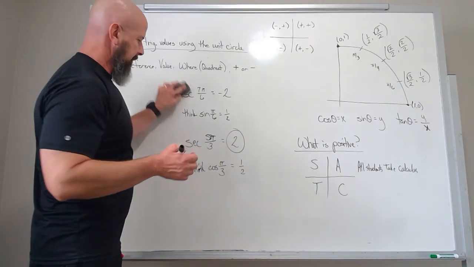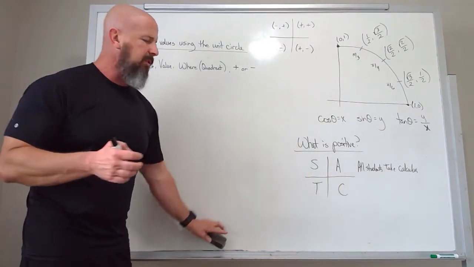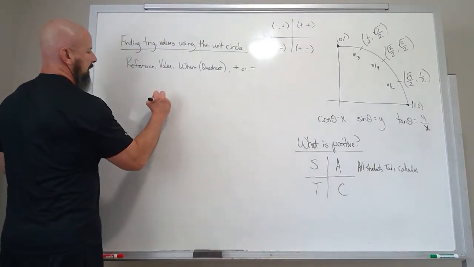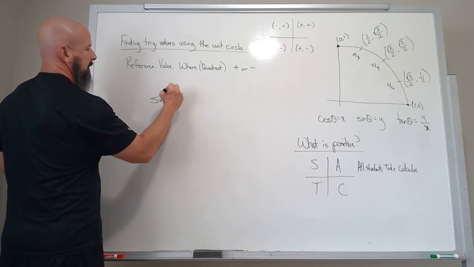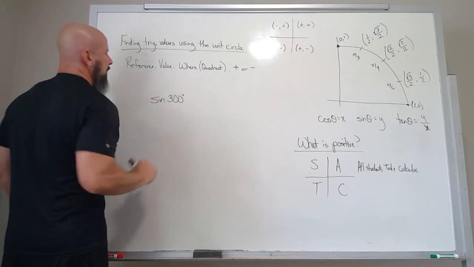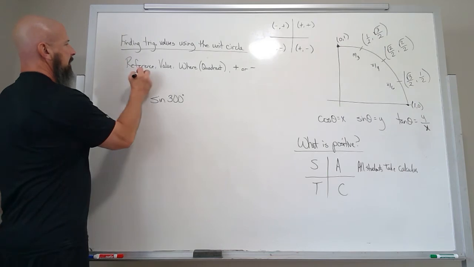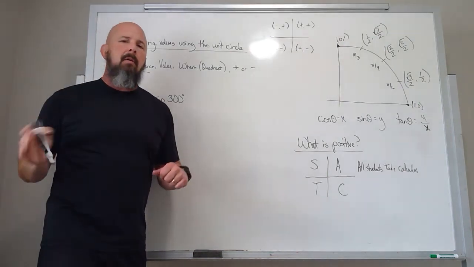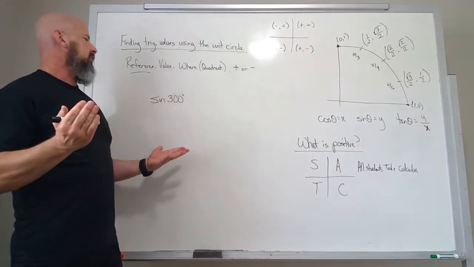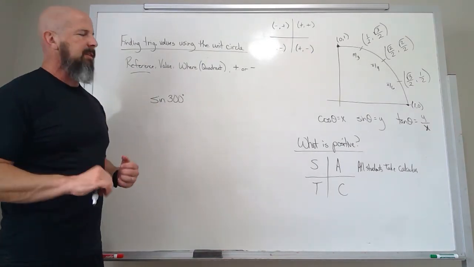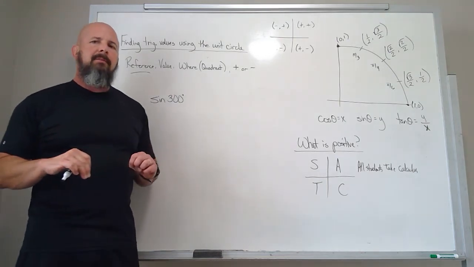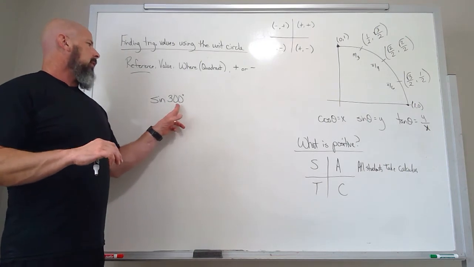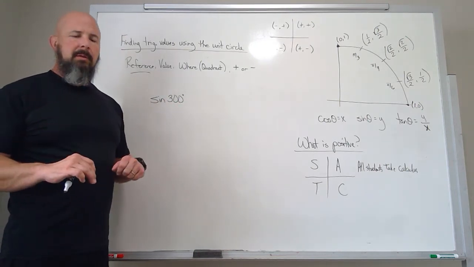Another thing that's going to happen to us: we do see radians more than degrees, but we still see degrees. If I want, say, the sine of 300 degrees, the difficult piece a lot of times is going to be the reference. When we're in radians and we have a fraction over 3, over 4, over 6, the reference is pretty simple. If I see 7 pi over 6, the reference is pi over 6. I see 5 pi over 4, the reference is pi over 4. In degrees, it's not in a fraction, so it's a little bit harder to tell what the reference is.